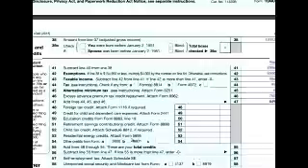So now let's see total credit. We didn't have any credit. No education credit, child credit, we didn't have any other stuff. So the total credit was 0 in this case.